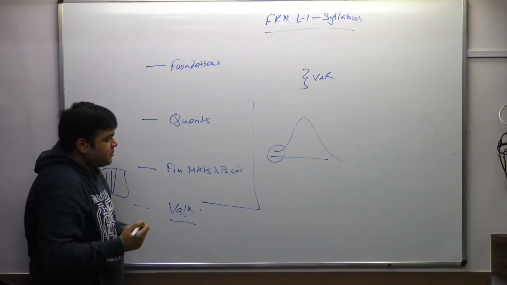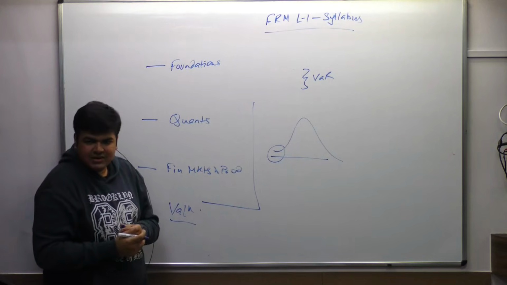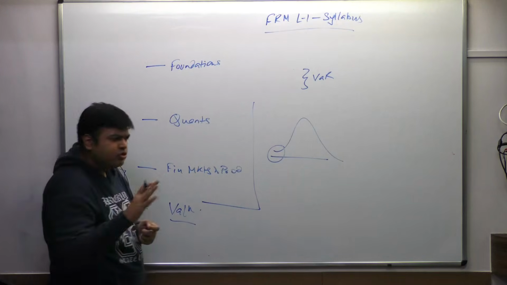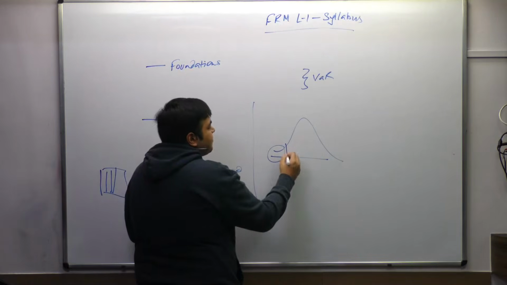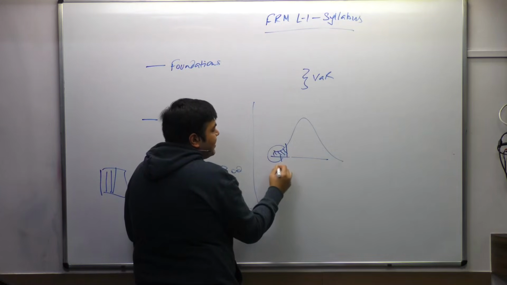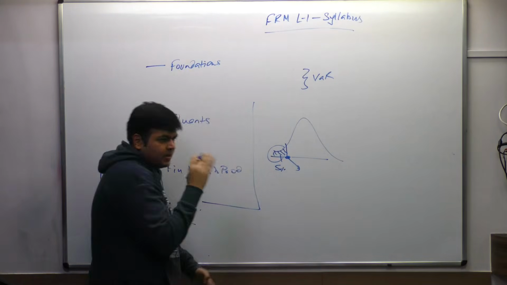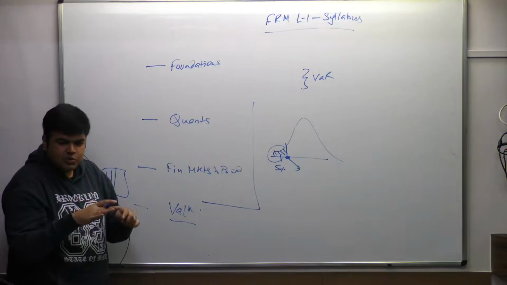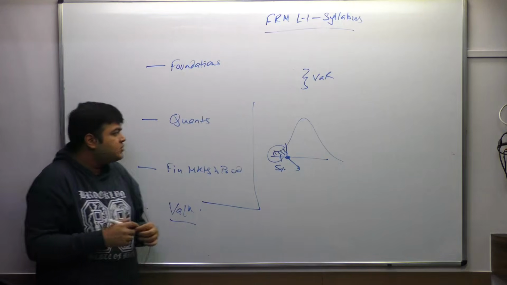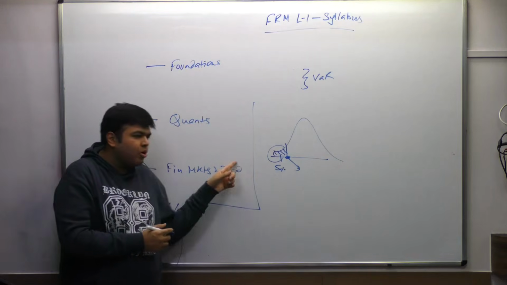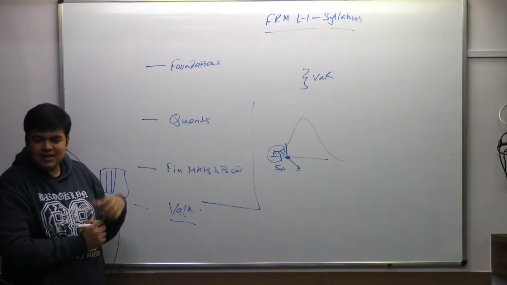Now, if I were to explain this, this is a part of your normal distribution, let's say. Those who understand normal distribution or any probability distribution, basically what I'm saying is, let's say the probability is 5%. If I can find out this value, just try to understand very superficially, we'll discuss these things. Basically I can say there is a 5% probability that my losses will be more than this level.